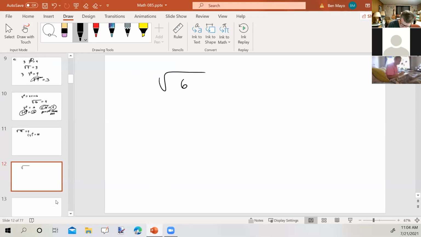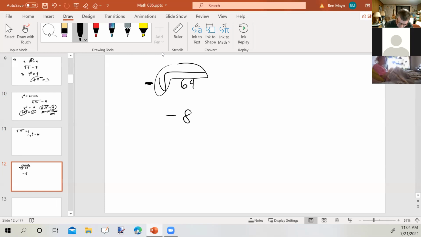We have the square root of 64, but there's a negative or a minus sign outside of the radical. Well, this radical symbol is a grouping symbol. So that means we do what's inside and then bring that outside, so the negative sign would hit it after we take the square root.